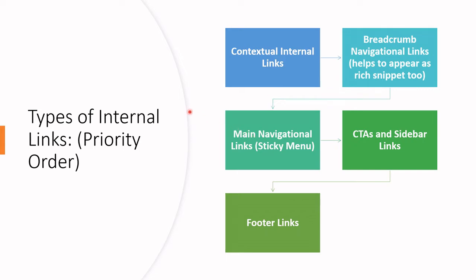Those links should be placed on main navigational links. Whereas in the footer, you can use a disclaimer or return policy or privacy policy, the about us, and you can use these kinds of links in the footer section.